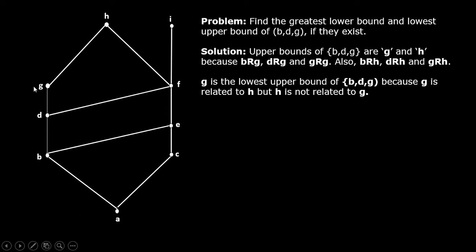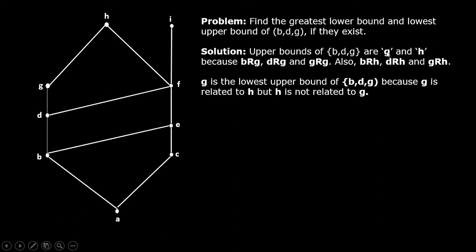So as per the definition, G is that arbitrary element which we represent as X, because G is related to all the elements of the set U, which is the set of upper bounds on this subset. So G is related to G, G is related to H, hence G is the lowest upper bound of subset BDG, which we were representing as the subset T, and the elements G and H belong to the set U, which represents the set of upper bounds.